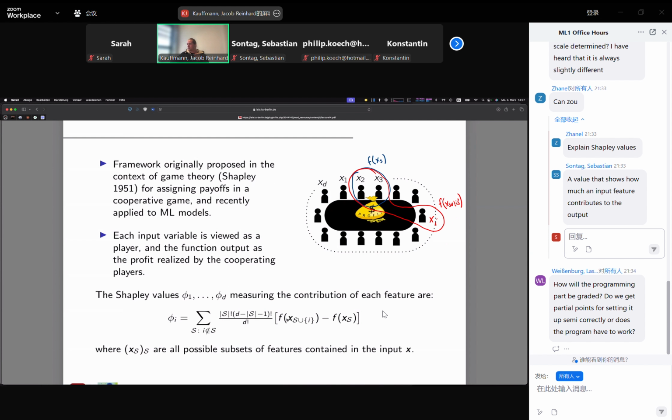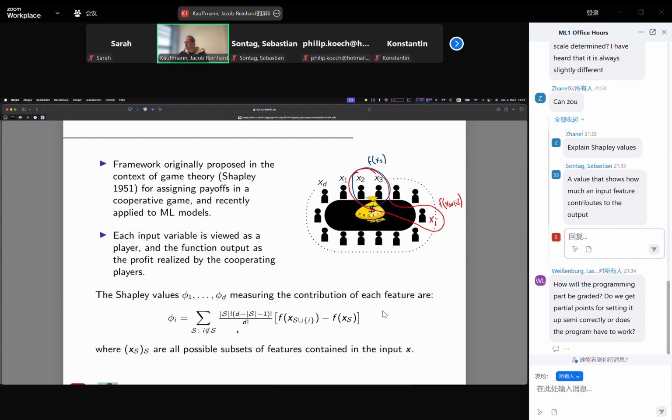And Shapley values are a bit more complex because you build a set of all possible coalitions that contain or do not contain your input variable i, right? These are called coalitions, and these are just all the subsets of variables. So there's really a combinatorial explosion here.